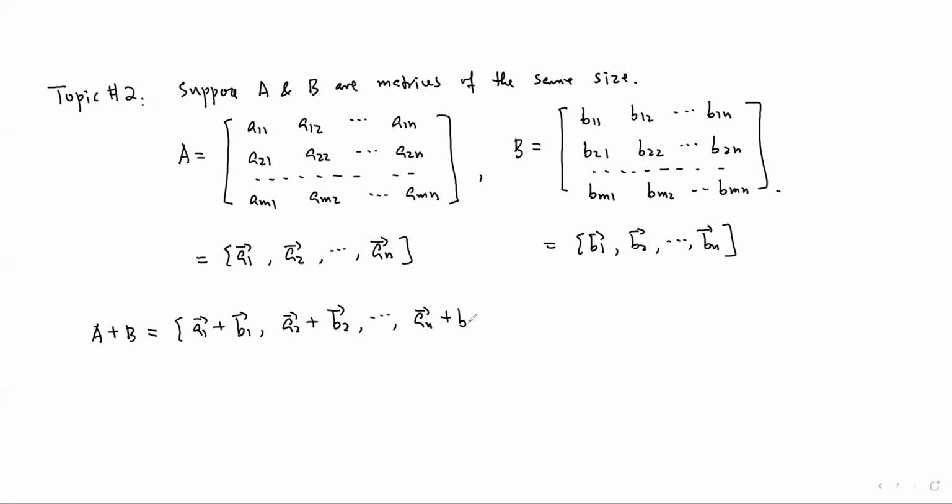One column is a vector, this vector plus this vector at the corresponding entries.